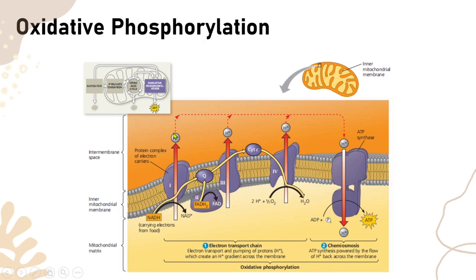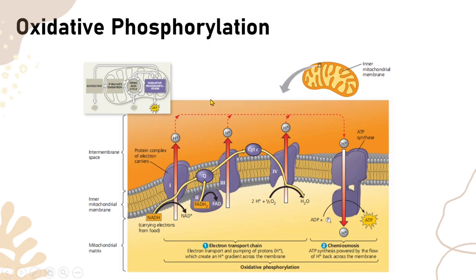You see here the hydrogen are being placed here, which means there is now an increased amount of hydrogen, and we know from osmosis that higher concentration will move to lower concentration through a membrane.